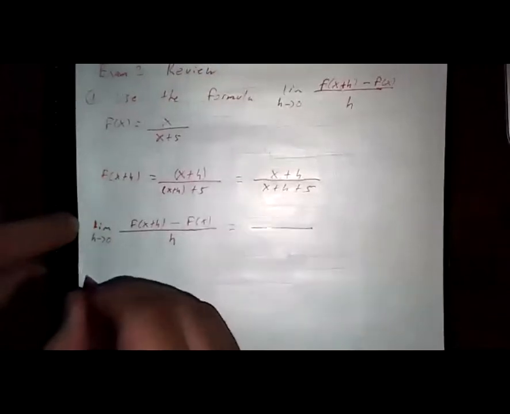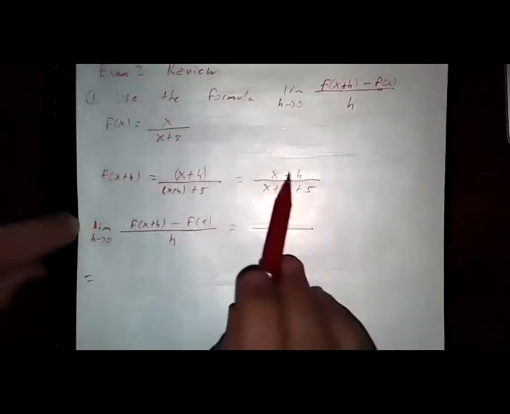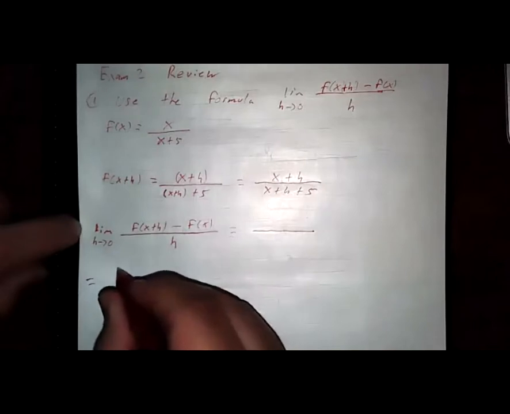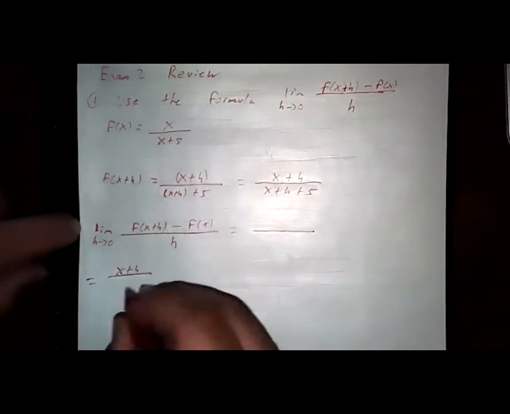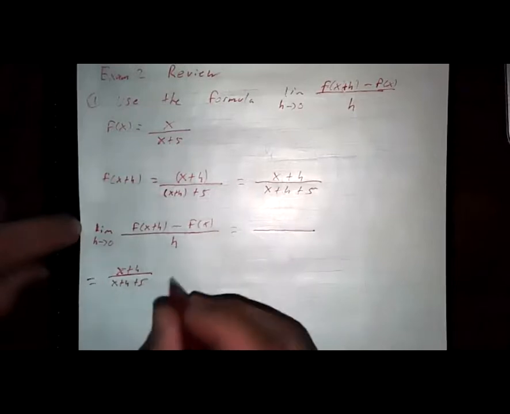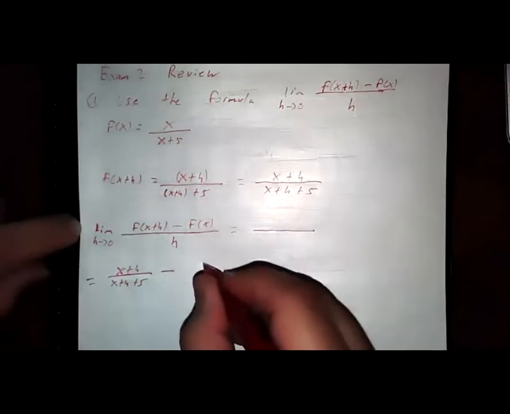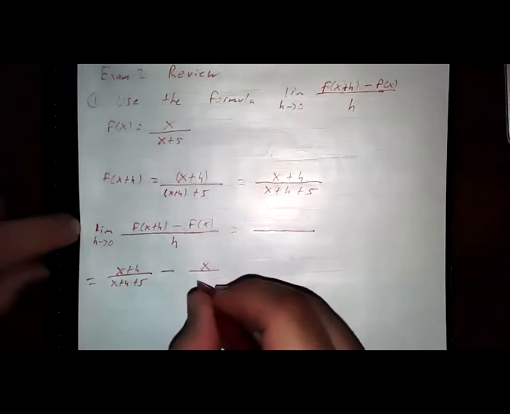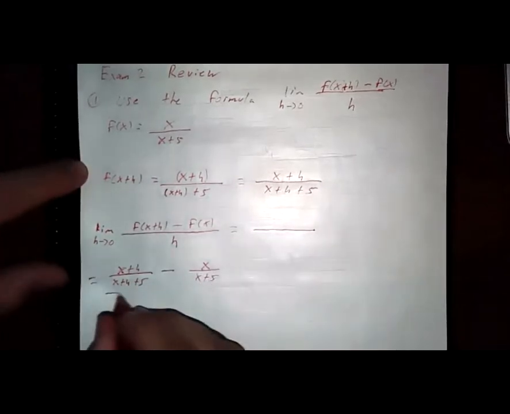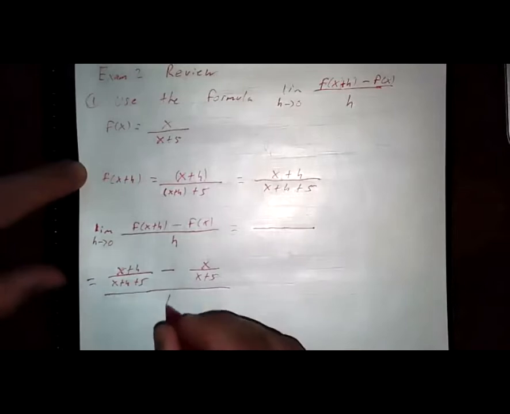Let's do it down here. It's going to be kind of messy. So this fraction is on top. So we get x plus h over x plus h plus 5, minus the original, x over x plus 5, divided by h.